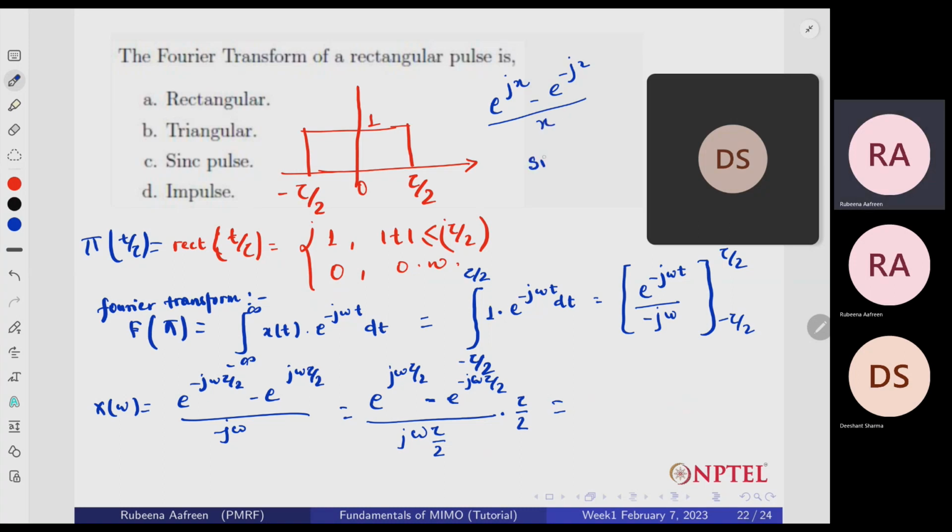We can write it as sine of x. So we will have sine of omega tau by 2 divided by omega into tau by 2.